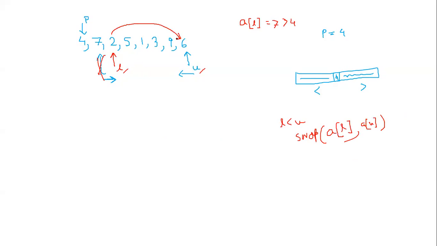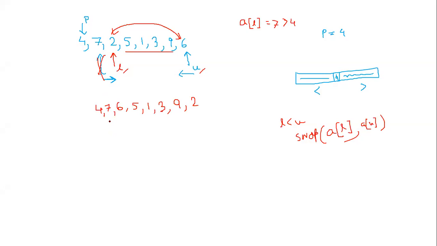This and this will have a swap. So that means 6 will come here, 2 will come here, and other positions remain the same. That 5, 1, 3, 9, and on this side also 4 and 7.